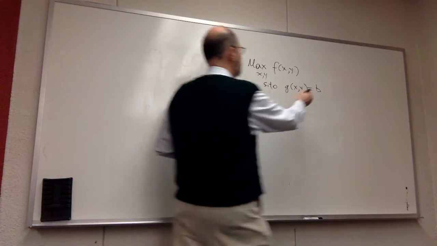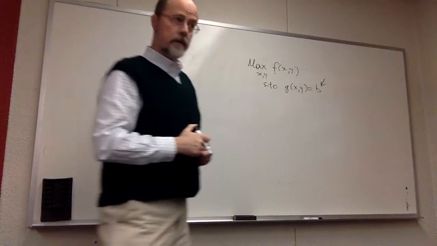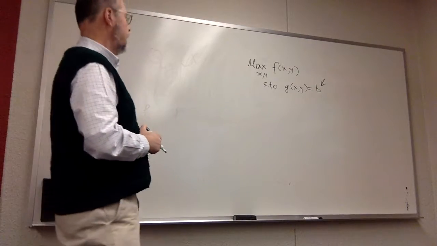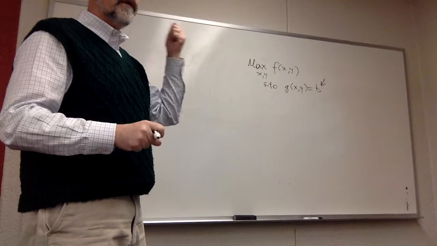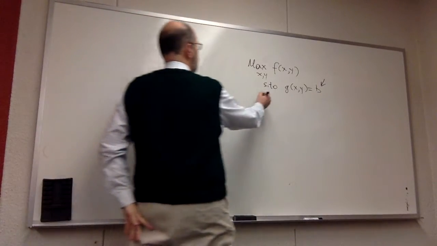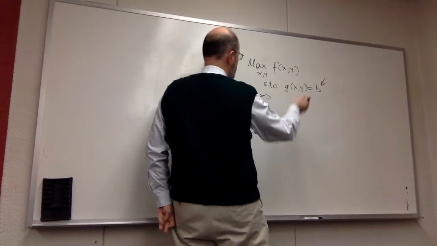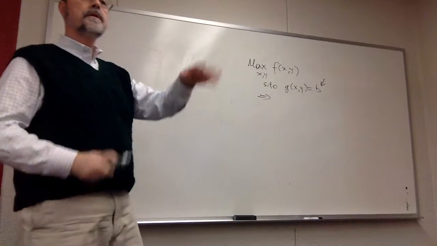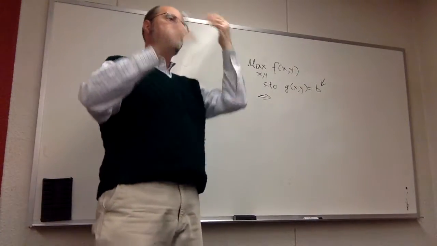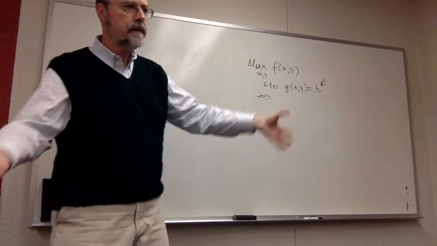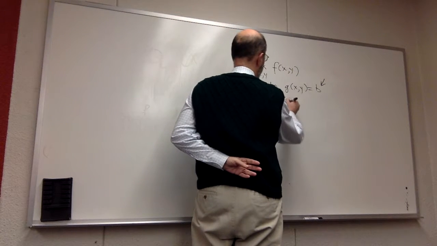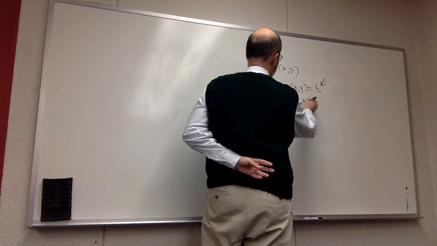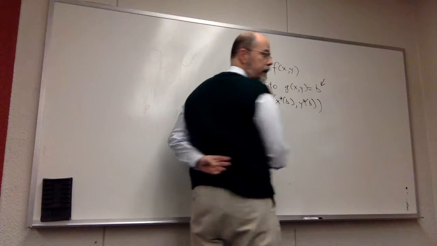So I'm going to consider b my parameter, and of course x and y are going to be found optimally as functions of b. So we solve it. Suppose we have a unique solution, second order sufficient conditions satisfied, it's a global maximum, etc. Then we get our x star of b, and our y star of b.